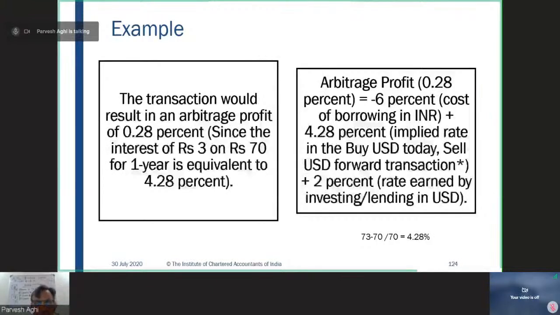You took 70 rupees out and you are bringing in 73 rupees. So 3 rupees you are gaining because of this transaction. Plus, since you are going to put that dollar to work in America at 2%, you are going to gain 2%. So your arbitrage profit will be 0.28%. I hope you have followed it.